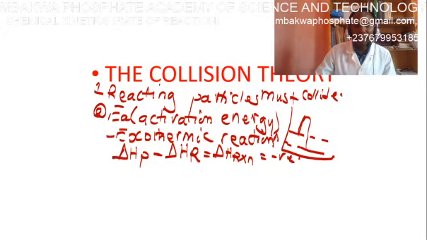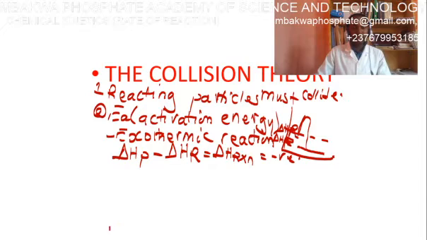Consider this is delta H of reactant and this is delta H of product. You see that delta H of product is lower in energy. Permit me to put down that diagram here.